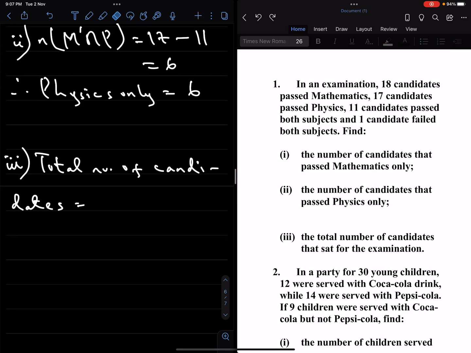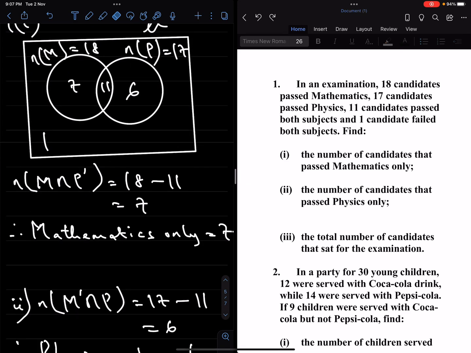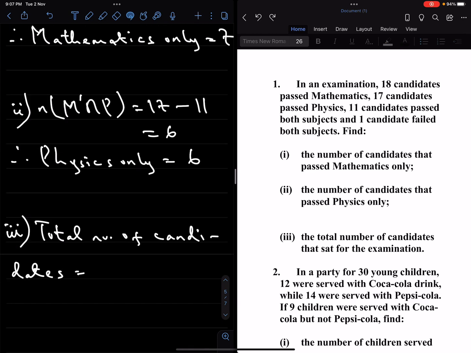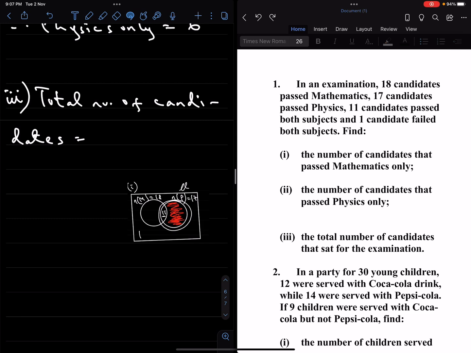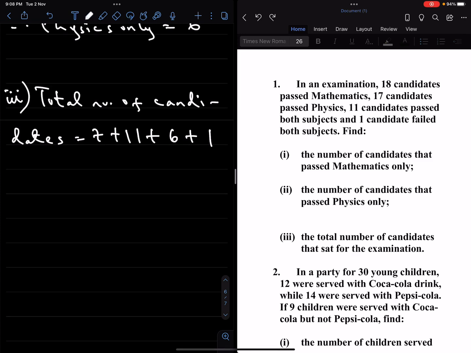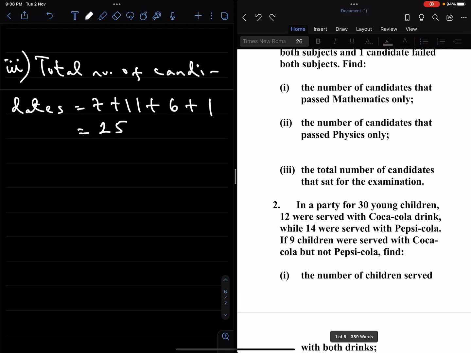Let me paste that diagram again. So this place is 7, this is 6, and this is 1. So the total number of candidates will be 7 plus 11, those that passed only math, 7, plus those that passed both, 11, plus those that passed only physics, plus those that didn't pass any of the 2 subjects. And that's simply 18 plus 6, 24 plus 1, 25. So that's it, very, very simply.